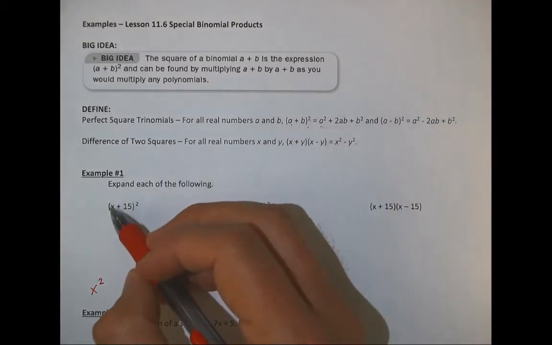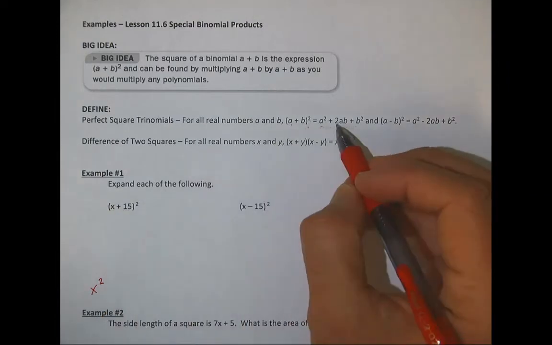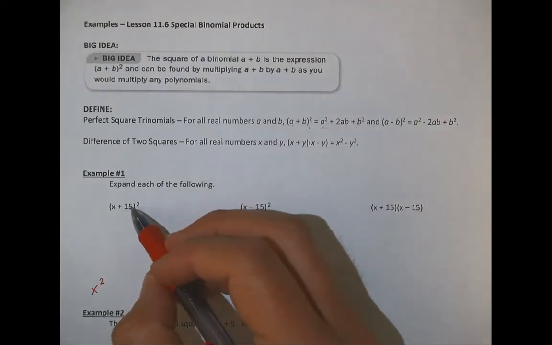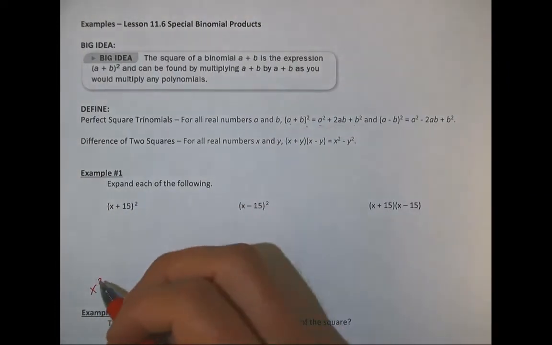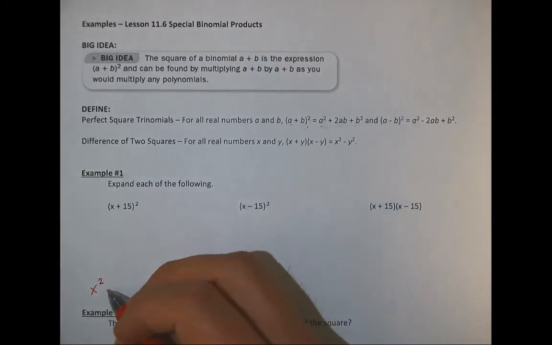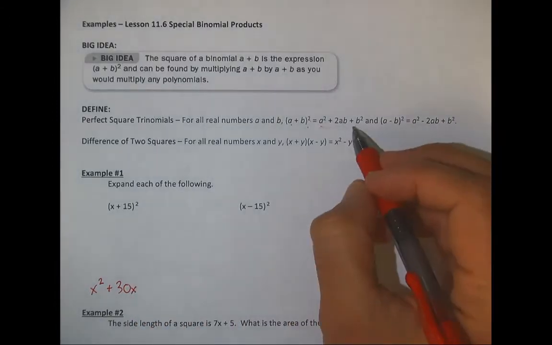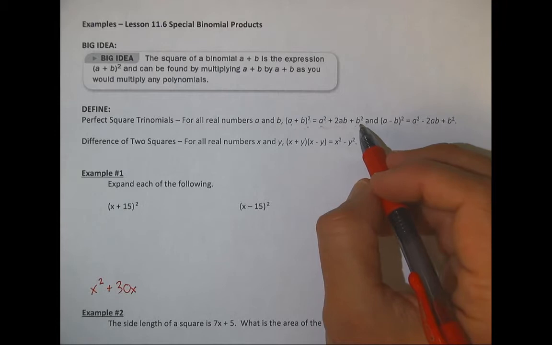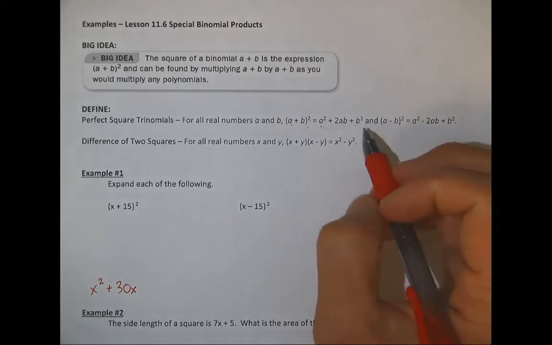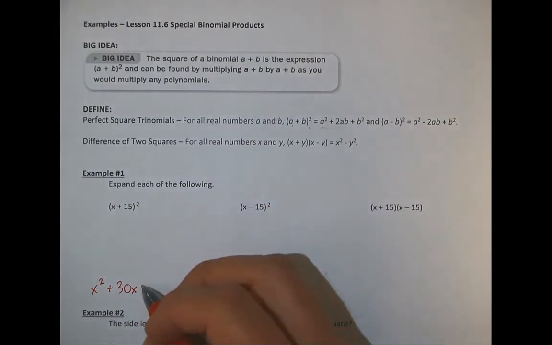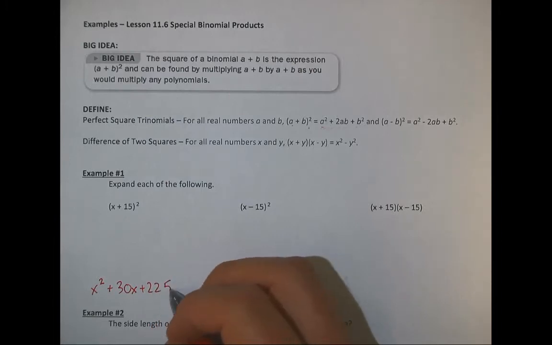So a here is just 1. So 2 times 1 times b. This is b, so times 15. So according to that, we're going to have a plus 30x in the middle. And then here at the end, we're going to have this b squared. And so 15 squared is 225.